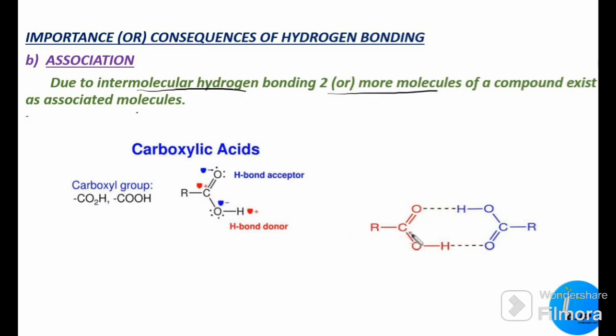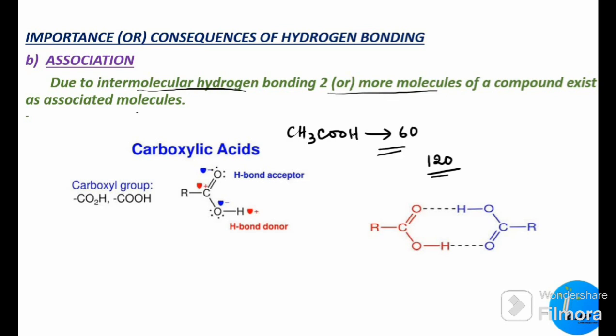Since these carboxylic acids exist as dimers, their molecular masses are also doubled. For example, acetic acid, CH3COOH, has a molecular mass of 60. Since it exists as a dimer, its molecular mass is double, that is 120.